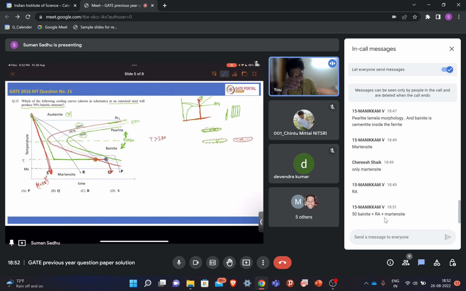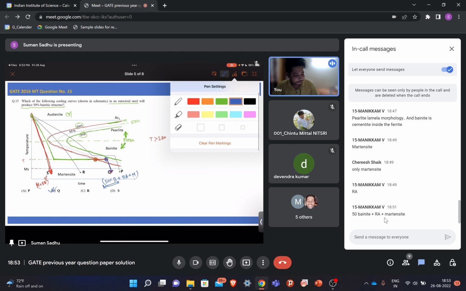Now when we are quenching it, some parts of this retained austenite will transform into martensite, or there might be some percentage of the retained austenite that is left. So the final microstructure will be 50% bainite plus retained austenite plus martensite, right? So we got our answer, that is what the Q cooling curve will form.